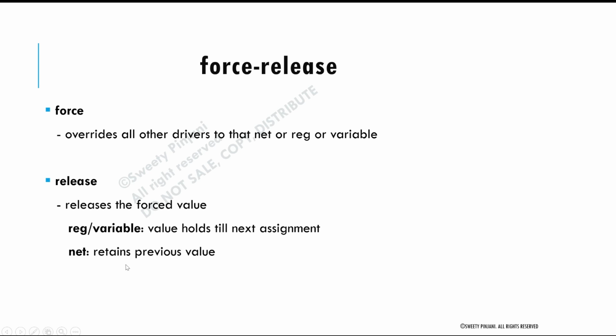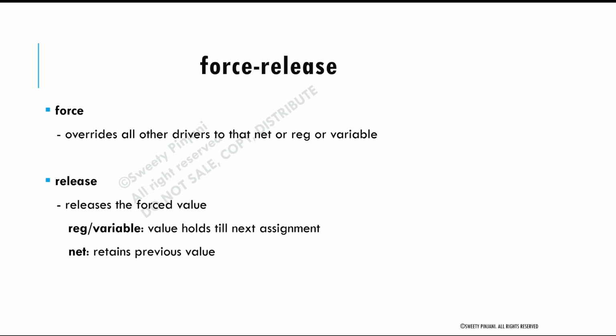In case of net, it will retain the previous value. Say for example, before force, the net had value 2. After force, the value became 3. And when you released, that 3 value got released and it went to the previous value, which was 2. This happens in case of net.